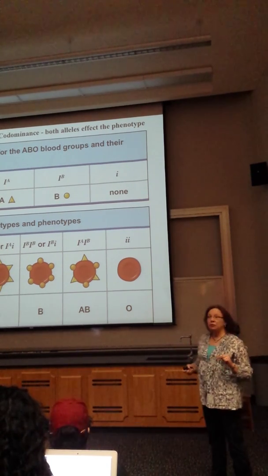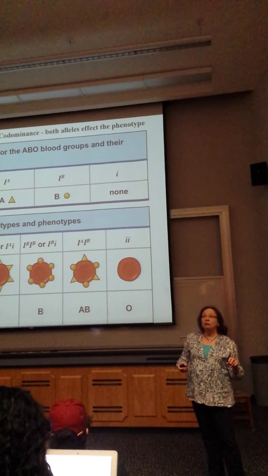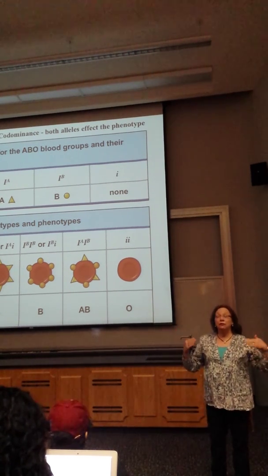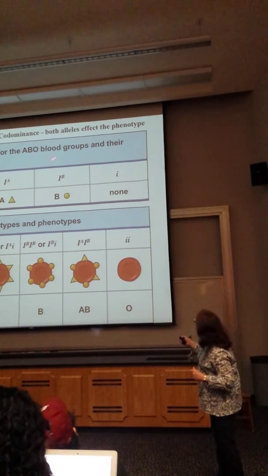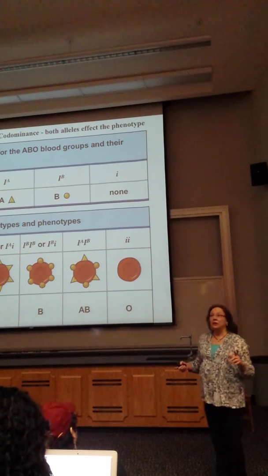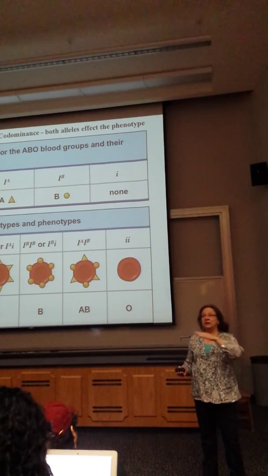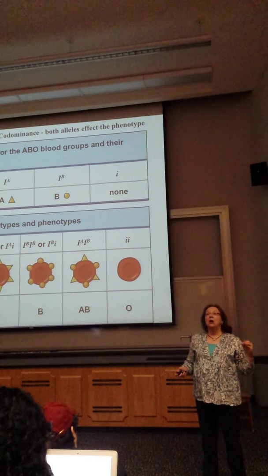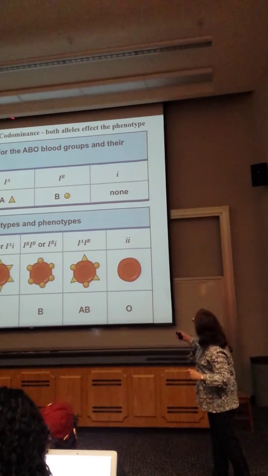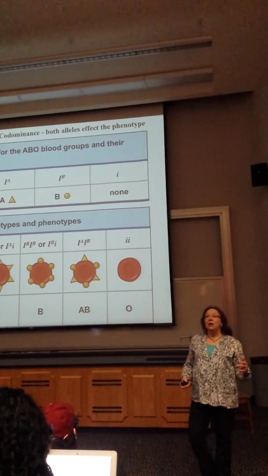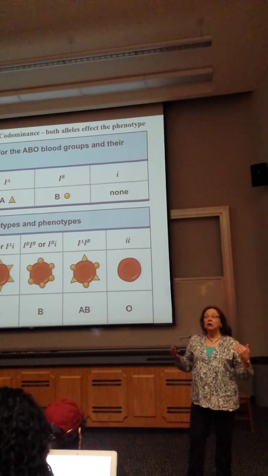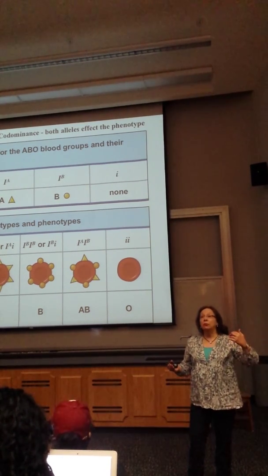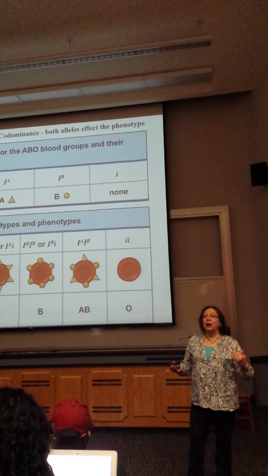The concept of dominance really refers to phenotype. Codominance, and this is where your book gets a little bit light on this subject, is referring more to the molecular interactions of the protein product produced by each allele.